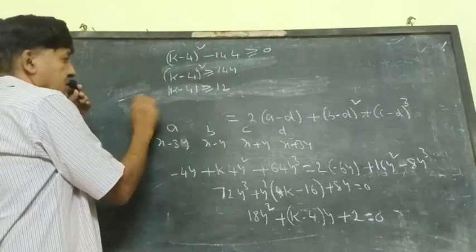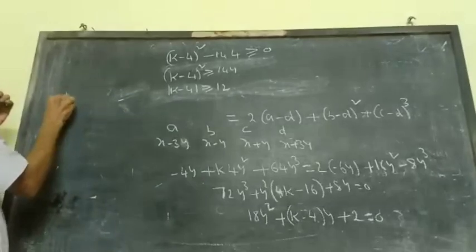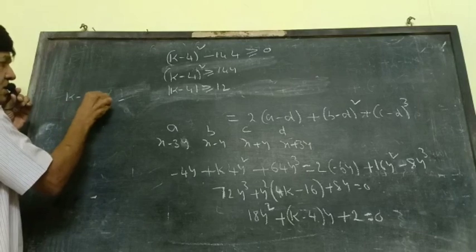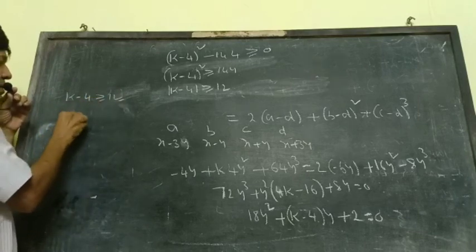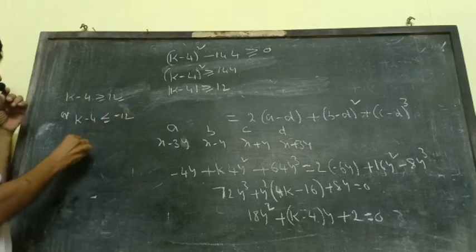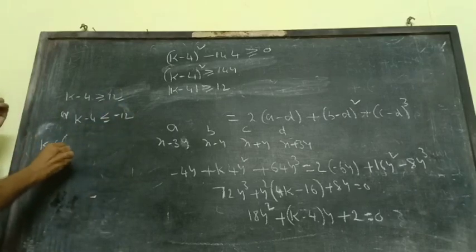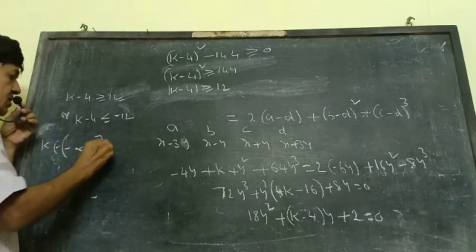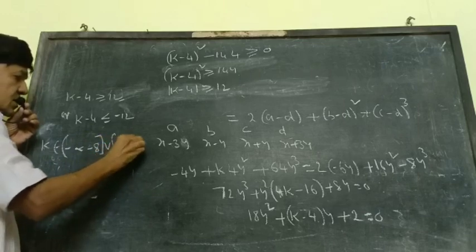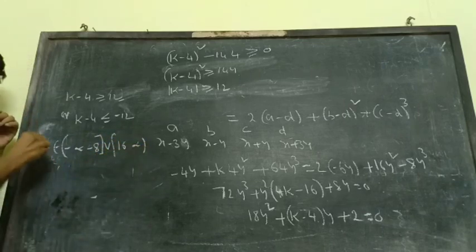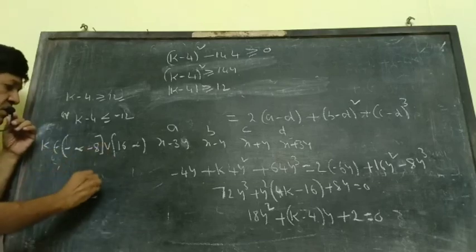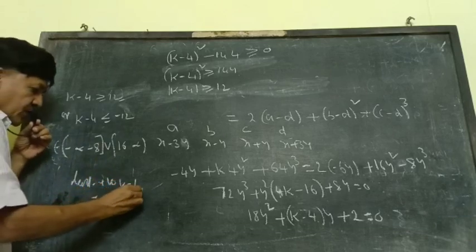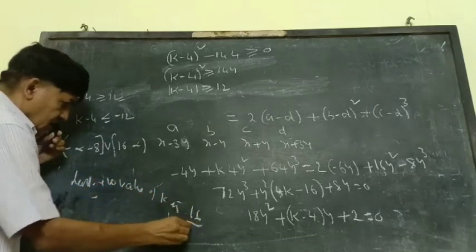So what will you get if you solve this? k minus 4 greater than or equal to 12 or k minus 4 less than or equal to minus 12. So k belongs to minus infinity to minus 8 union 16 to infinity. So the least positive value of k is how much? 16.